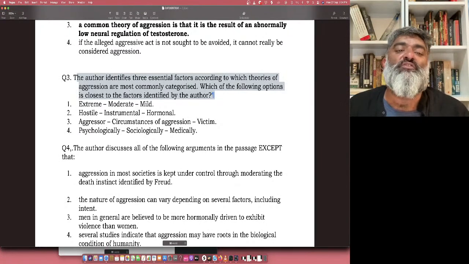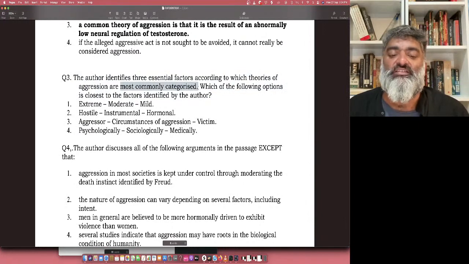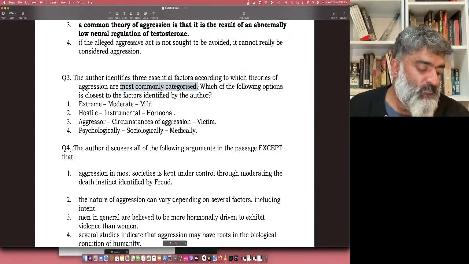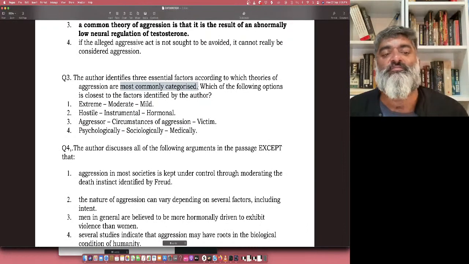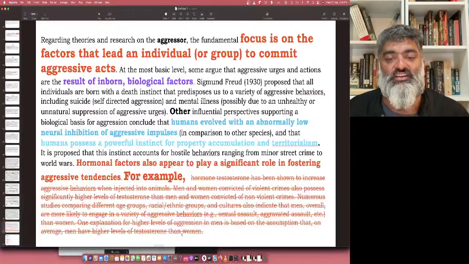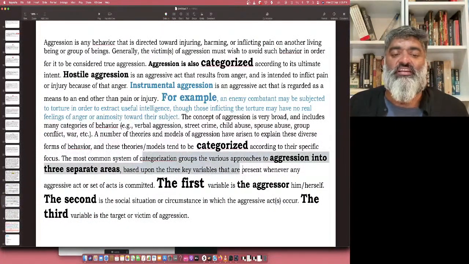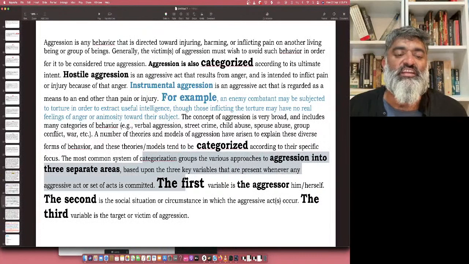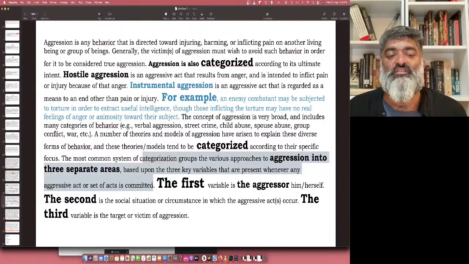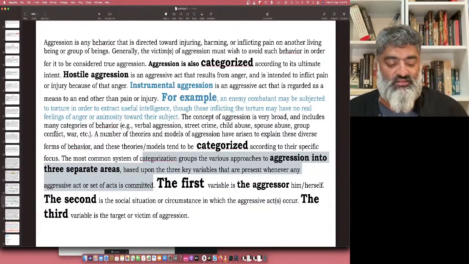Three essential factors according to which theories of aggression are most commonly categorized. What are those 3 factors? I can take you to the screenshot of the data again. Categorization based on three key variables that are present whenever any aggressive act or set of acts is committed. The first, the second, the third.